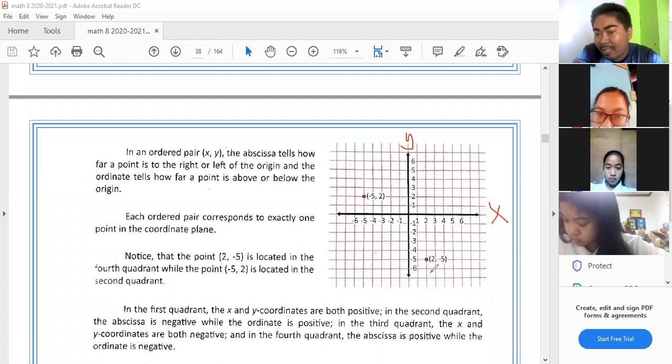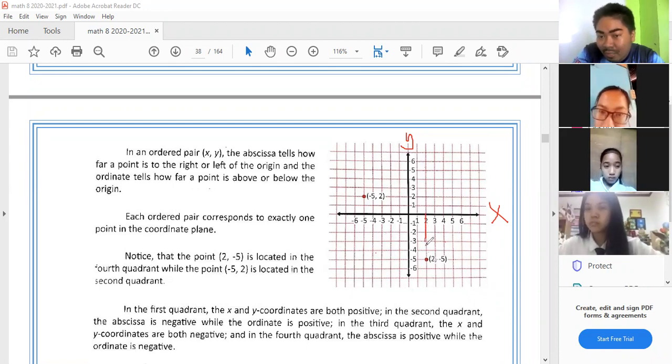So, ang fourth quadrant natin, we have positive, negative. Kaya, (2, -5). So, yung 2 natin, andito siya, di ba? So, starting from there, nasan naman yung 5? Dito. So, pag sama mo sila, yung point na ginawa nila, that is your point.